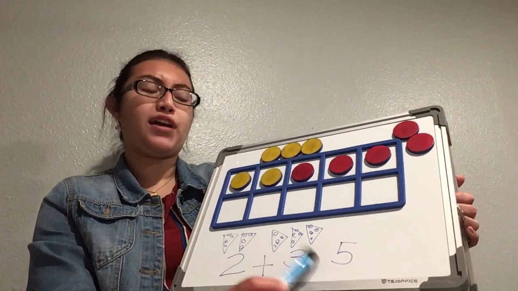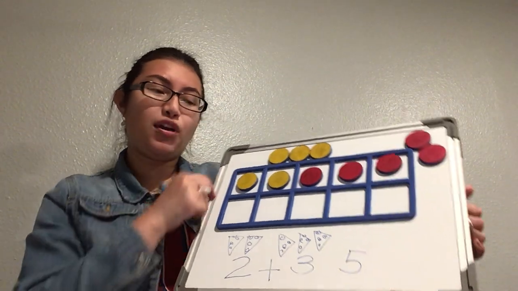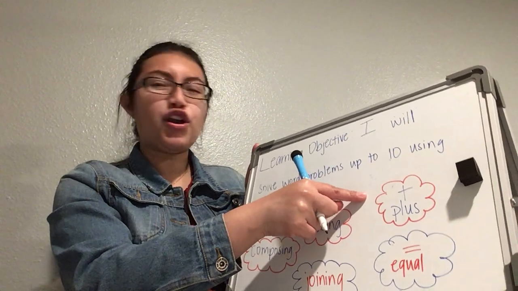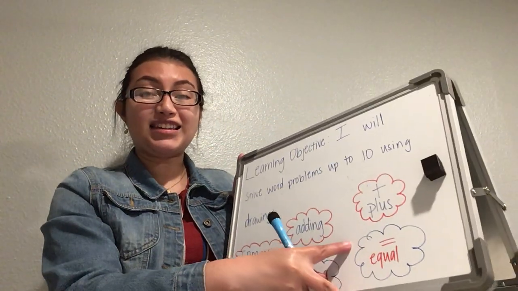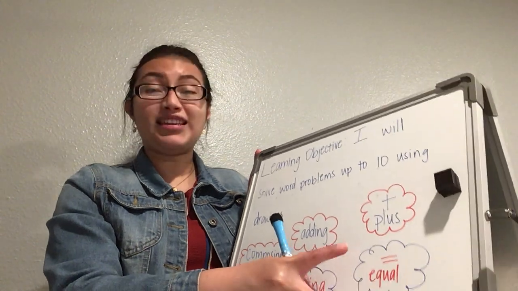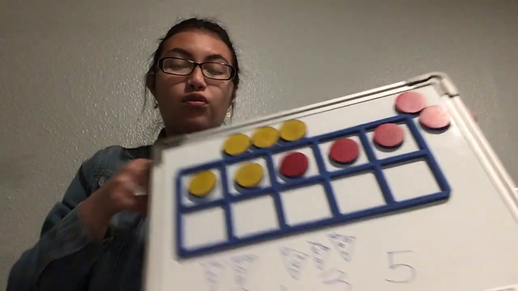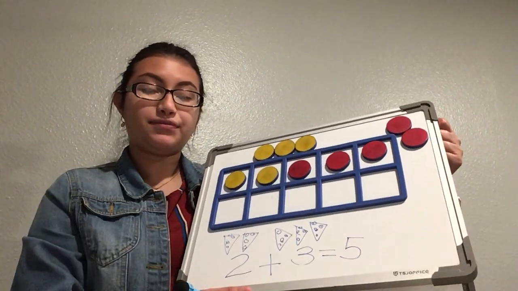What's the other symbol that we've learned that means the same? Was it plus? No, I already used that. Plus means to join. I think it's equals. Equals means it's the same. So here I'm going to write equals.